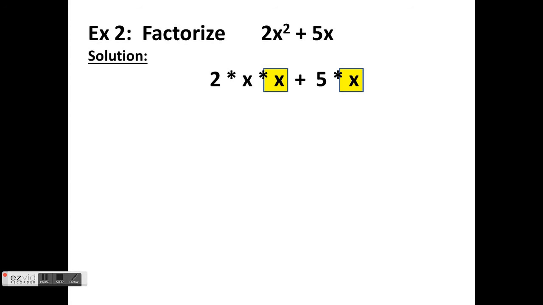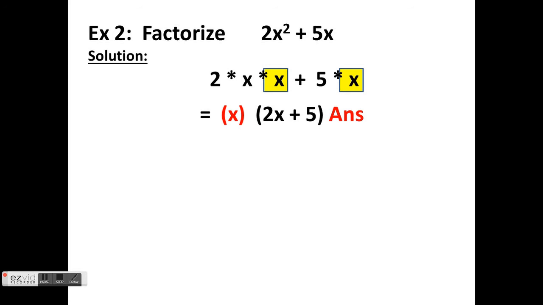We will take it as the first factor. As the second factor, we will take the remaining things, 2x plus 5. Again you see inside the second bracket if you have any common factor. In 2x plus 5 nothing is common. So this is the answer.